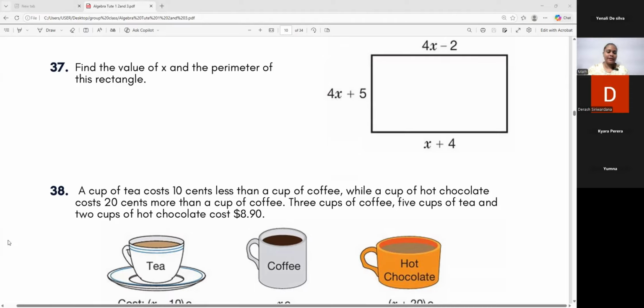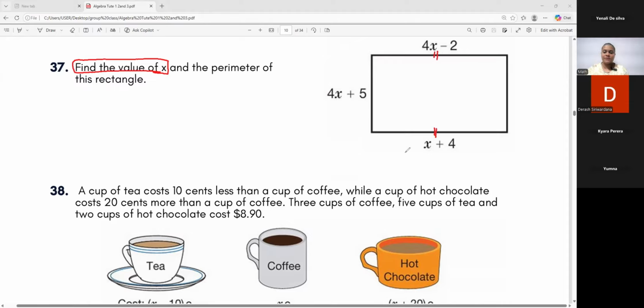First, you need to find x. So think how we find this answer. Go back to the rectangle and see. They have given us 3 sides. Why have they given 3 sides here? You need to use the properties of a rectangle. I told you, opposite sides of a rectangle are equal.